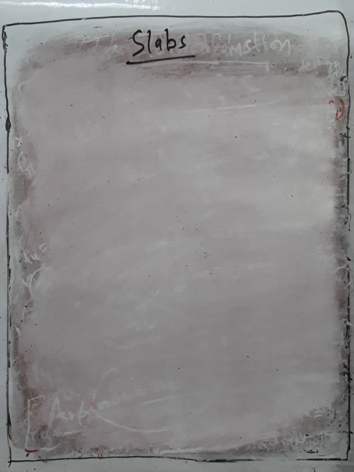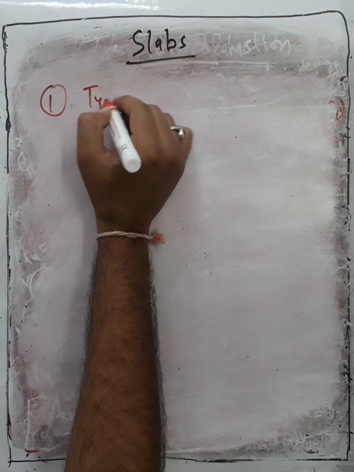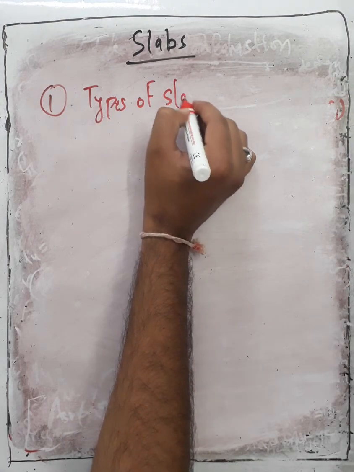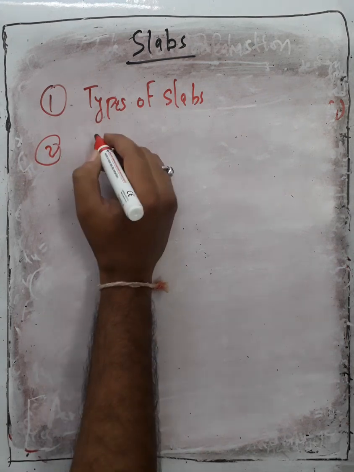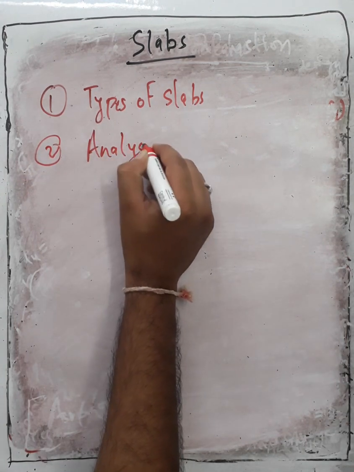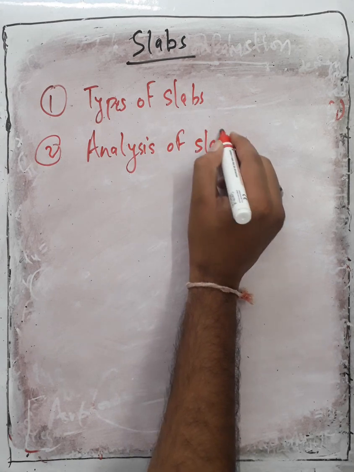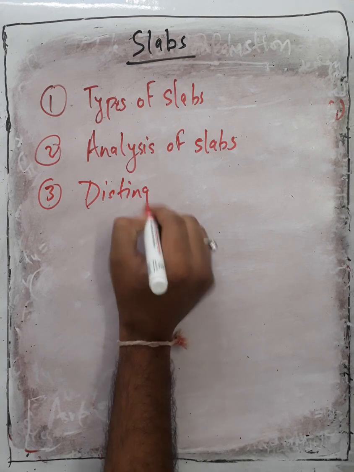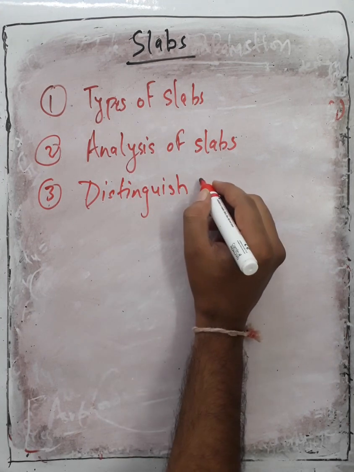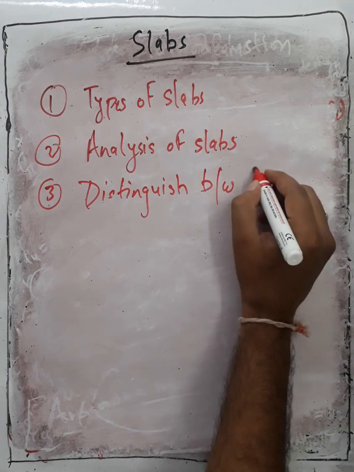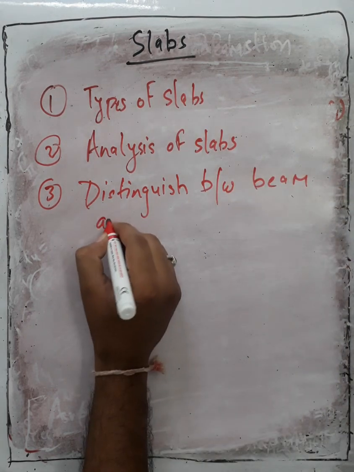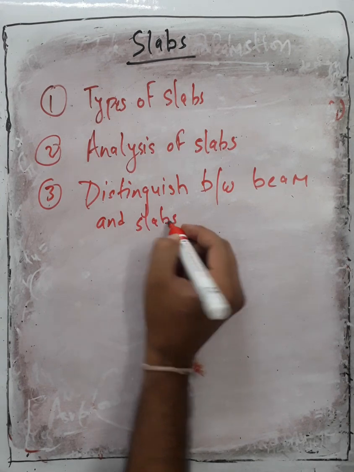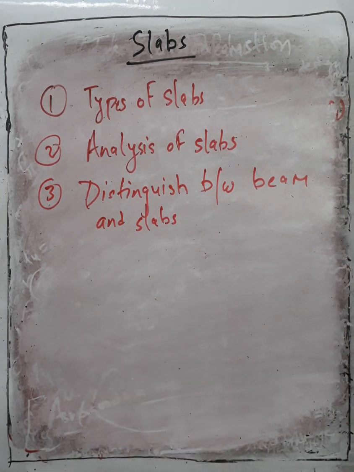So in this lecture we study about the types of slabs, analysis of slabs, and the third one is the distinction between beams and slabs, and the other parts of slabs we discuss in our further lectures.